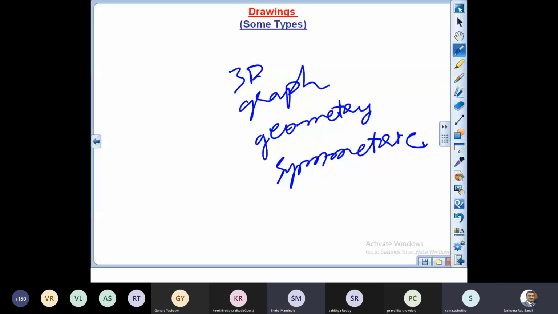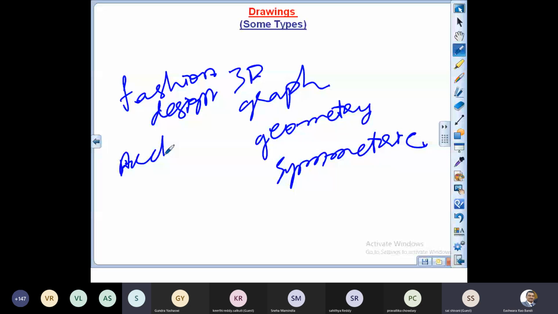Any other? Architecture and fashion designing. Fashion designing, right? Perspective drawing. Architectural drawings. Pencil drawing. Black and white sketch.